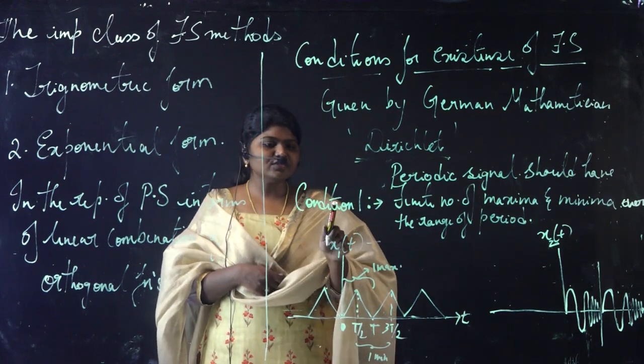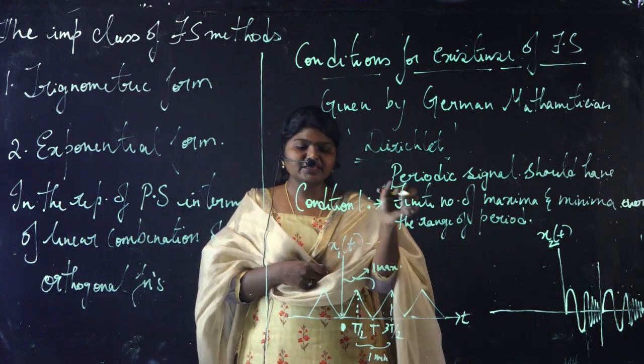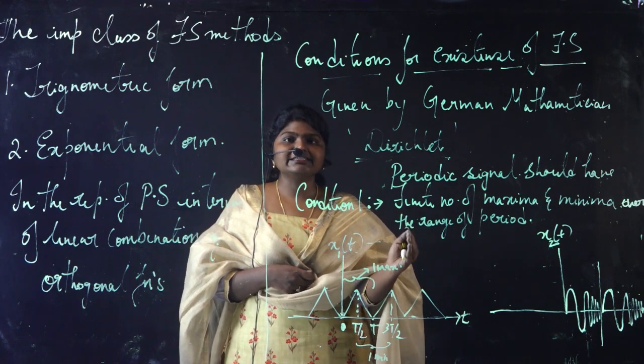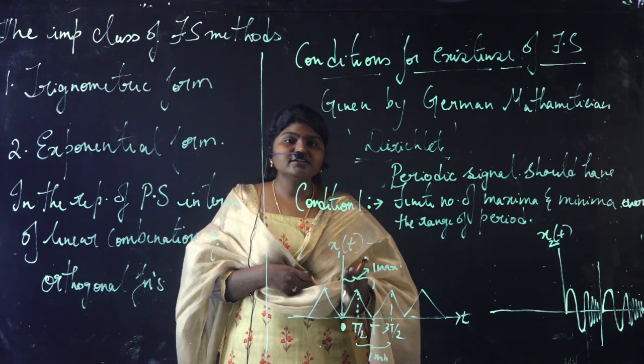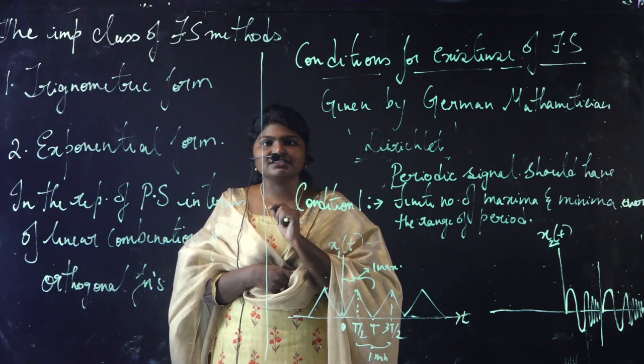So according to condition 1, the periodic signal should have a finite number of maxima and minima. According to that, this signal satisfies the first condition of Dirichlet.